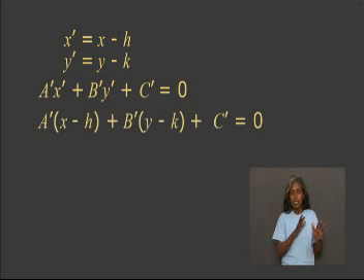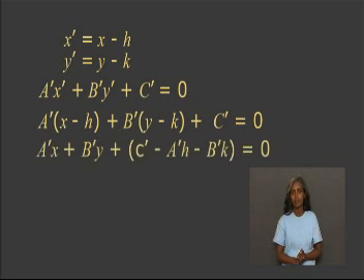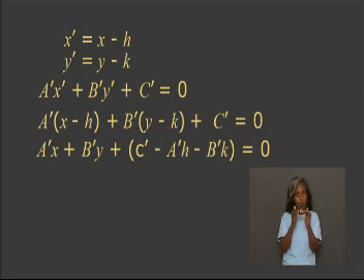By substitution, we get this result. If we expand the brackets, our result is a prime x plus b prime y plus c prime minus a prime h minus b prime k equals 0.